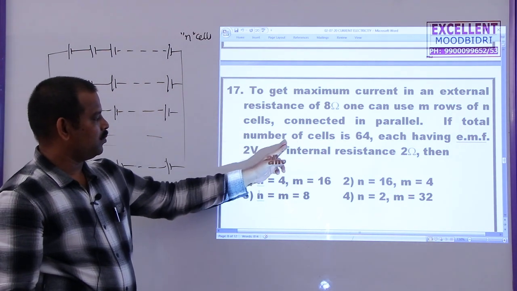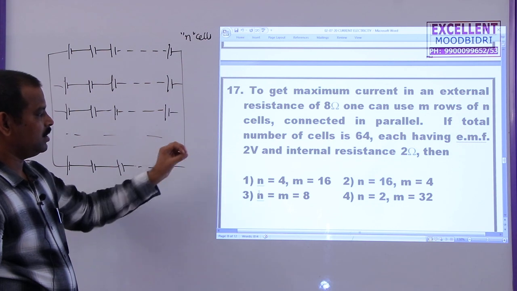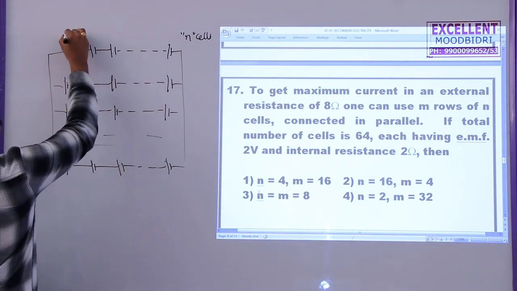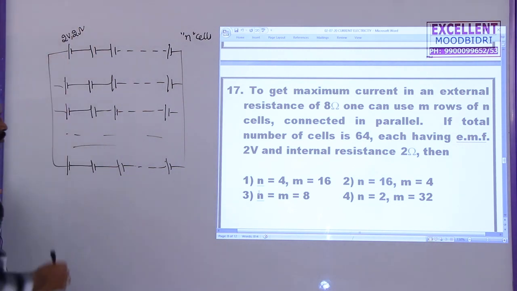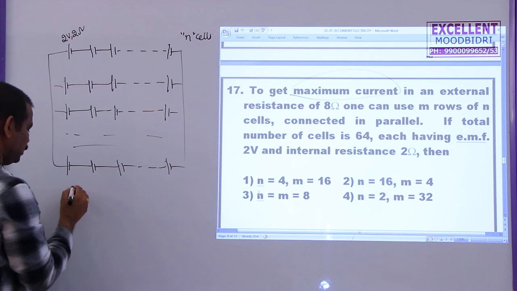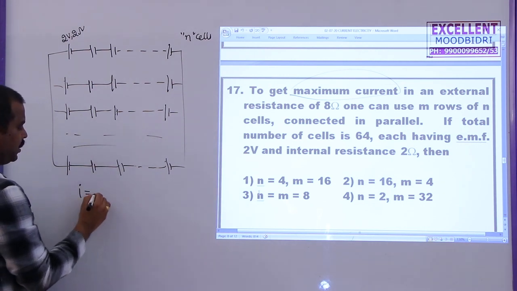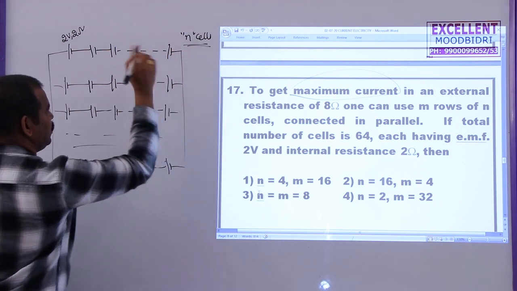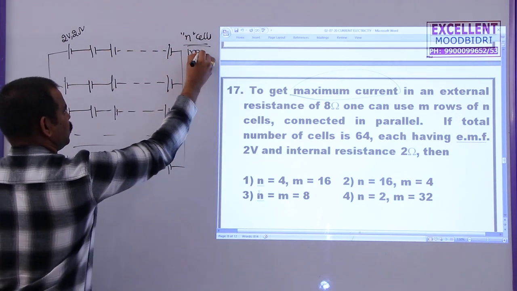If the total number of cells is 64, each having EMF 2 volts and internal resistance 2 ohms, to get the maximum current through this one, first of all, the current is given by the total number of cells. N cells are there in each row.